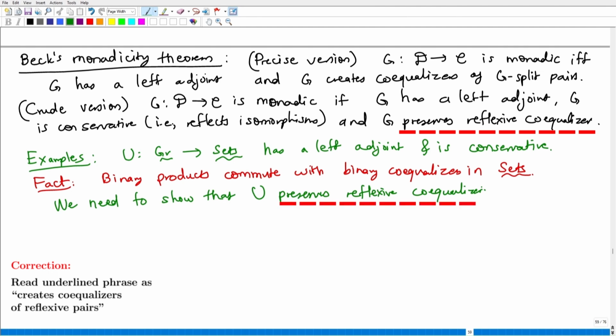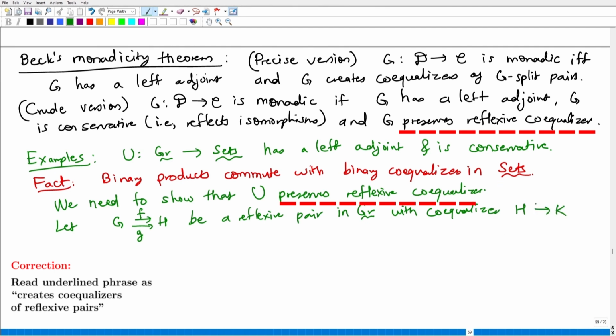Okay, so let F, G: H to G be a reflexive pair in the category of groups with coequalizer h: H to K. Co-equalizers do exist, we know that; the category of groups is complete and co-complete.